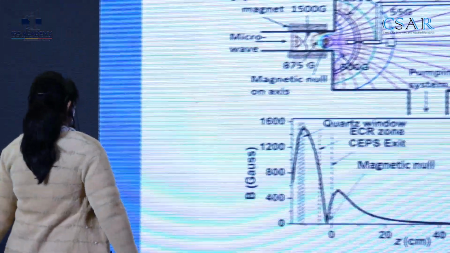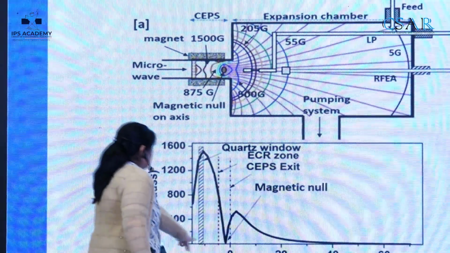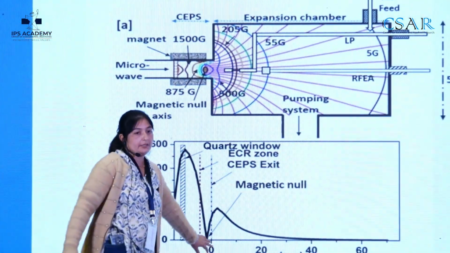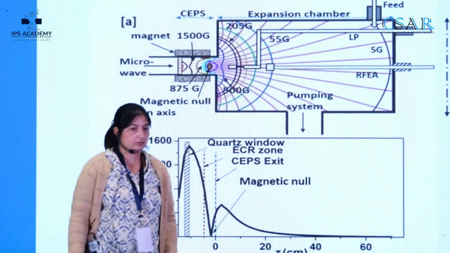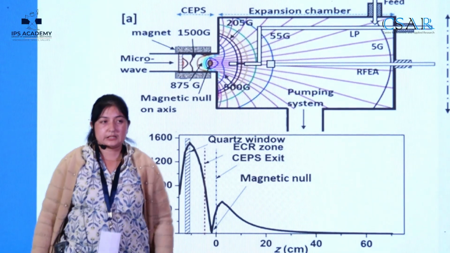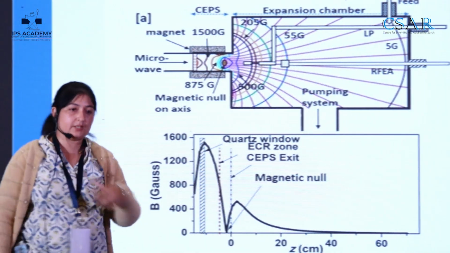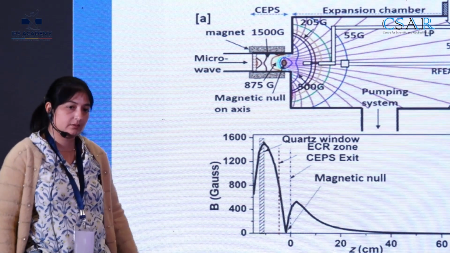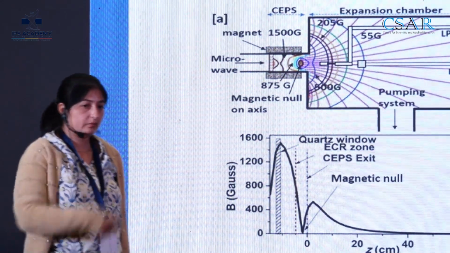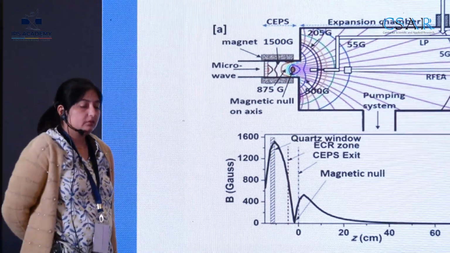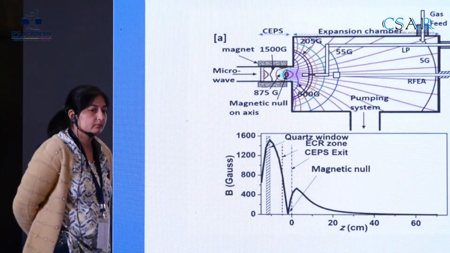Correct, at -1 or -2 centimeters. This is a feature of ring magnets; you can't avoid it. So it's accidental, that's what I'm saying. You can say it is accidental, but it is useful here. That is what is giving multiple resonances for ECR, which never happens in a regular system.